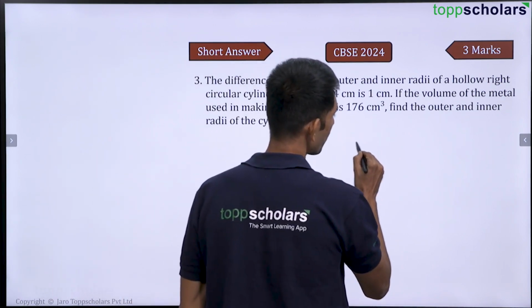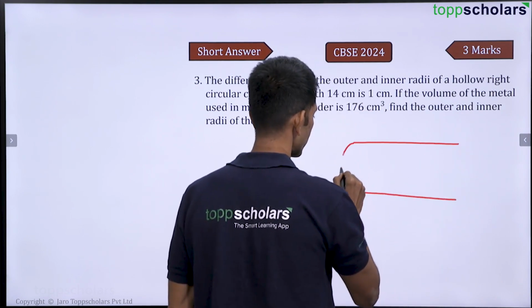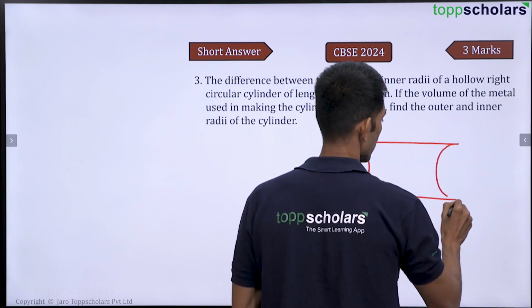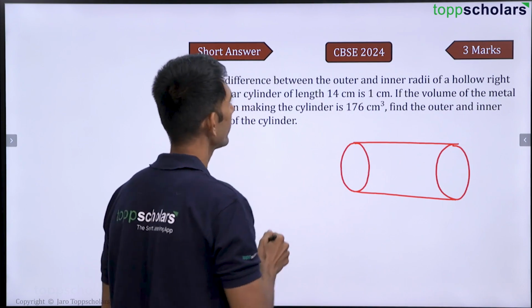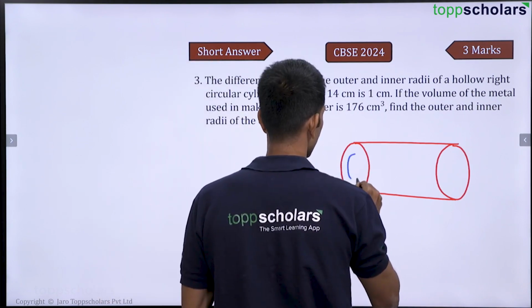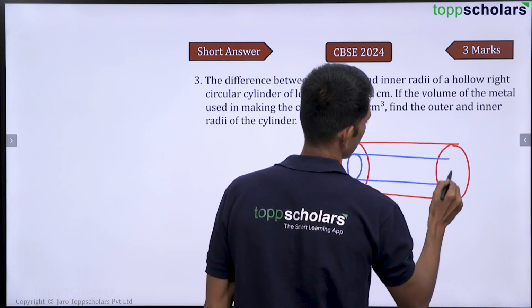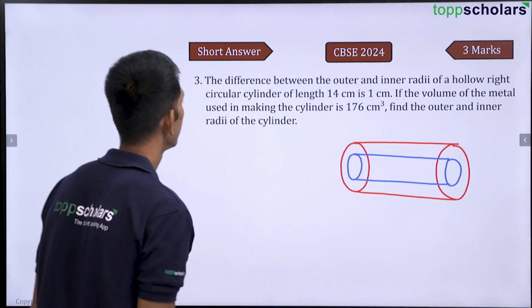So basically, we have a cylinder. Correct? And then if you see, we have it like this. This is a hollow cylinder.